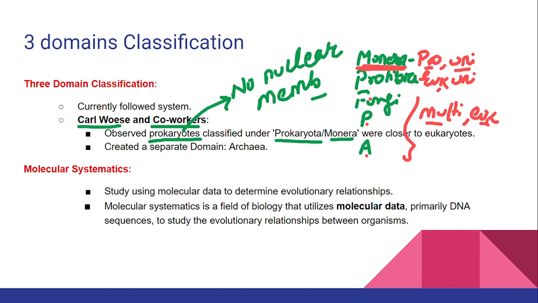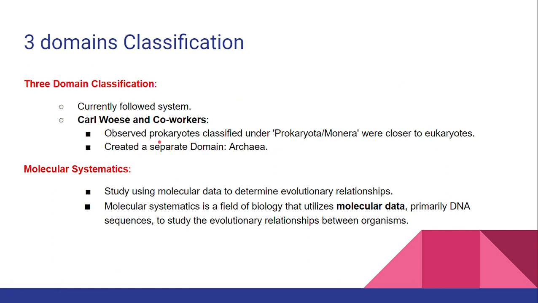So kingdom Monera is for prokaryotes. And what is our prokaryote? Obviously our bacteria, right? This is what we studied in the previous class. Bacteria is what we place under prokaryotes. So here he saw that prokaryotes classified under Monera were close to eukaryotes.